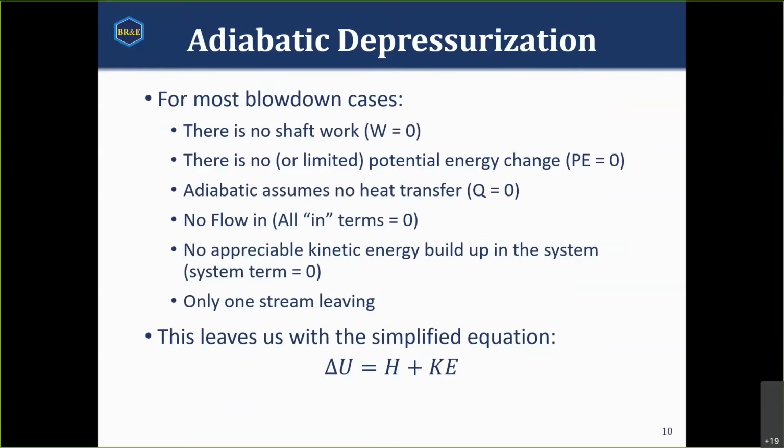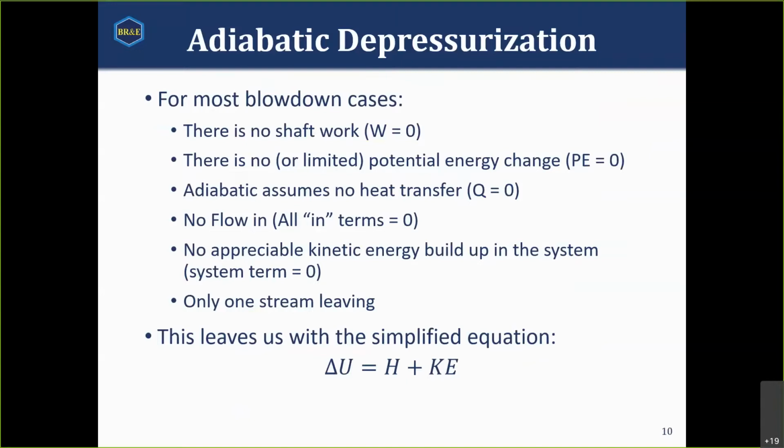So our system isn't moving up very high, nor is it falling down very low. You can say, well, my depressurization is to the top. If I've got a liquid that's depressurized, it's got to move up to the top. That's fair. That potential energy change, considering it's going to be mostly in the vapor phase at that point, has a very low density. The potential energy change is going to be very small, relatively speaking. So we can safely ignore it and say it's zero or very close to it.